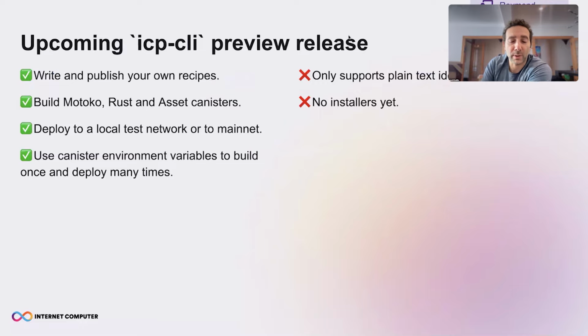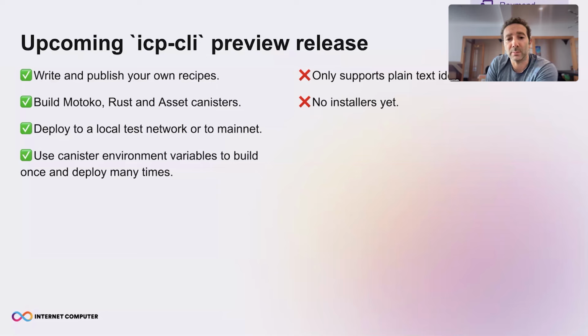We're just about ready to do a preview release. So we're planning to open source a repository soon. Some of the features that are going to be available is that you're going to be able to publish your own recipes. So this is what you use to build, the instructions to build and deploy.